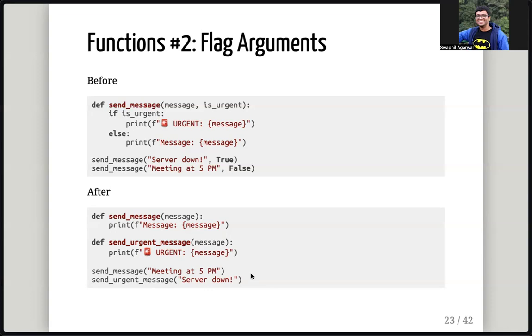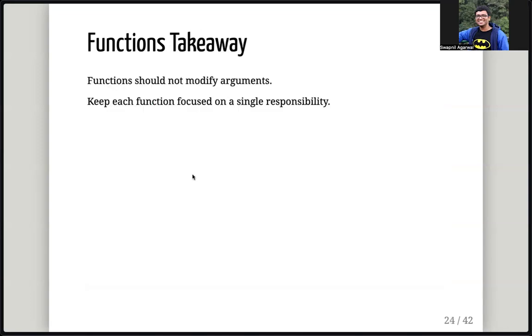Just reading that gives you a good sense of what it is doing, right? So that's all about functions. Quick summary: functions should not modify arguments, and keep each function focused on a single responsibility.